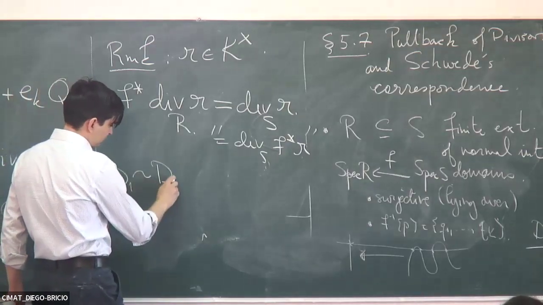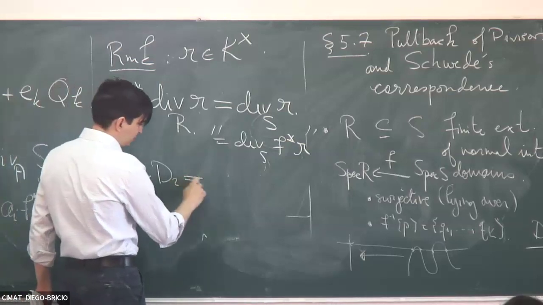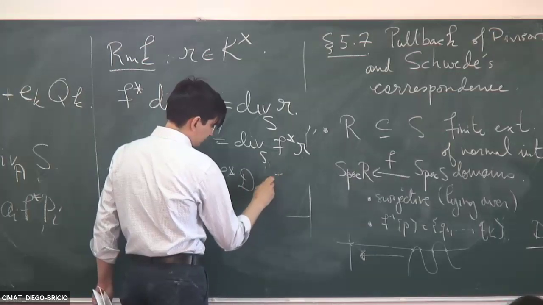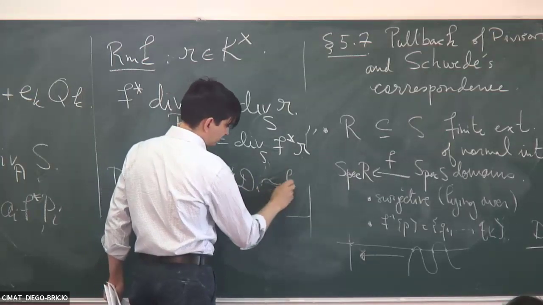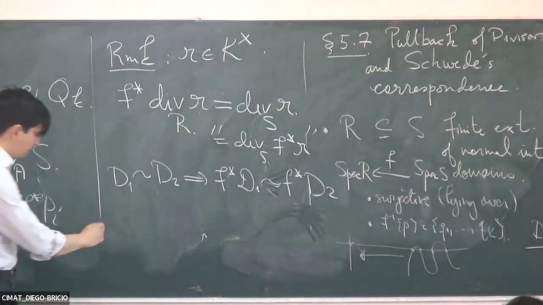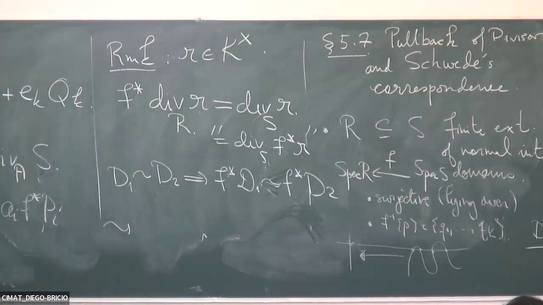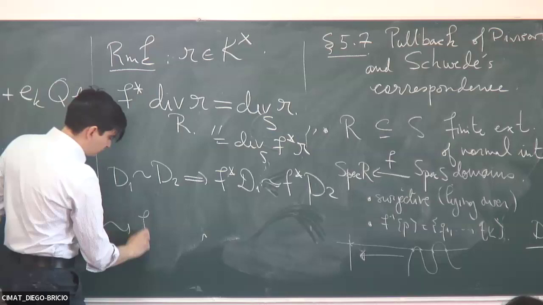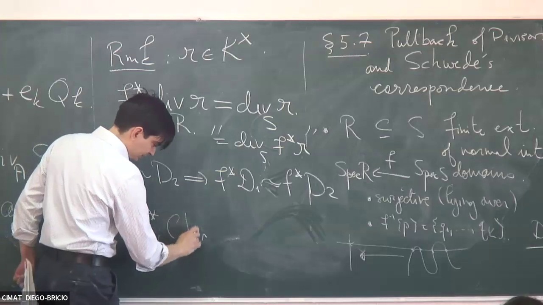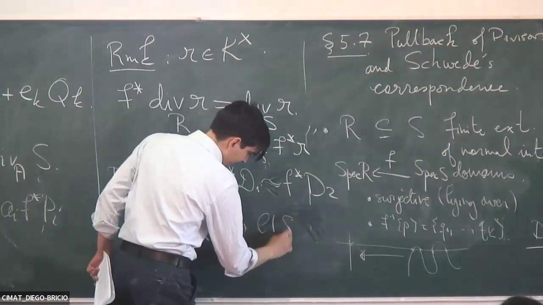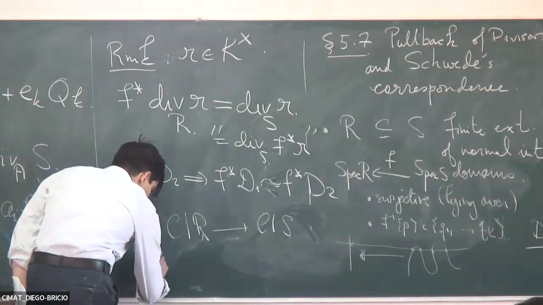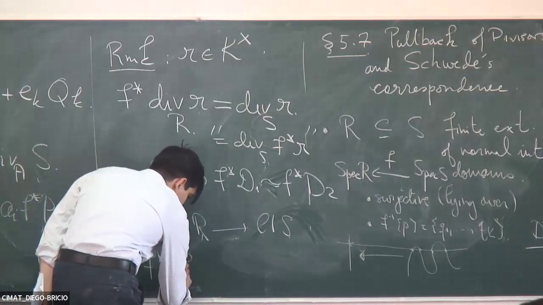If D1 is linearly equivalent to D2, then their pullbacks are linearly equivalent on S. It means that the homomorphism of divisors induces a homomorphism on the divisor class group. Exactly. A homomorphism of groups. And moreover, you have the corresponding pullback on the Picard group.